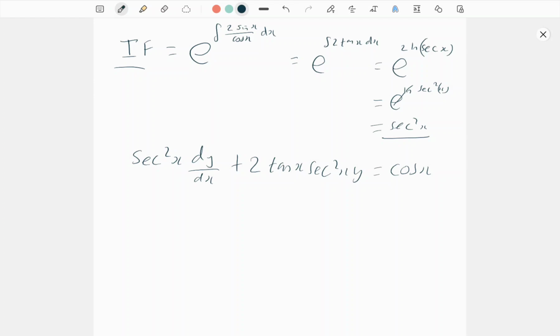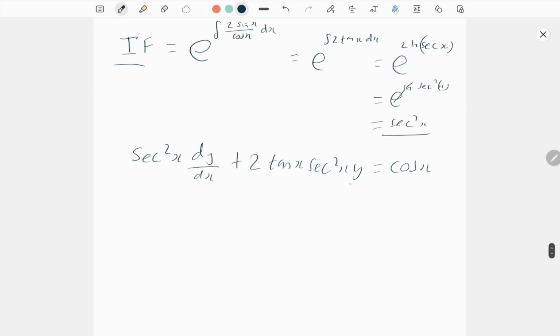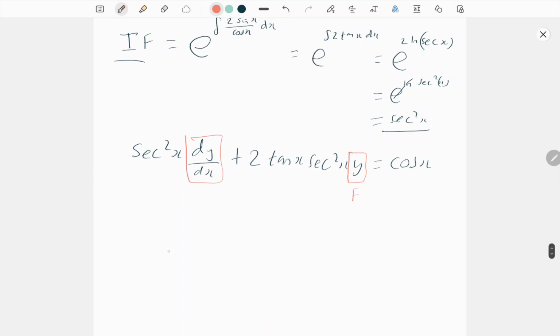Right, now let's see if we can simplify this any further. What we can notice is that you've got your function y here. Let's say that's the first function and its derivative, because we know when we times by the integrating factor, we're going to be able to write this in the form of d by dx of some product.